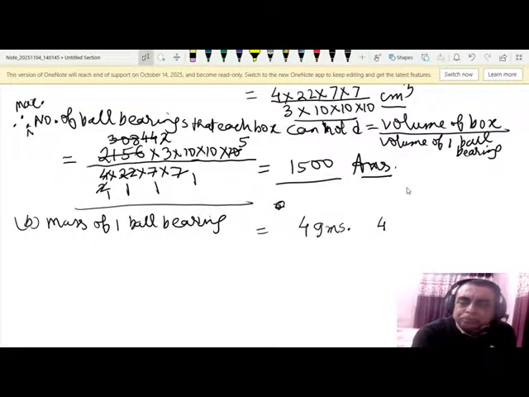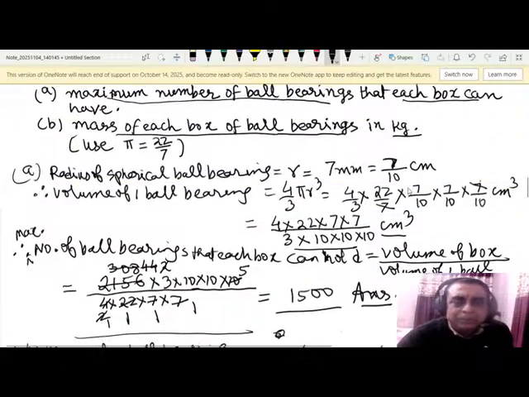Change it into kilogram, because in the question it is asked to give the answer in kilogram. So 4 grams we are changing into kilogram. It will be 4 divided by 1000. It is the mass of one ball bearing. And how many ball bearings one box can hold is 1500. So what is asked in the B part?